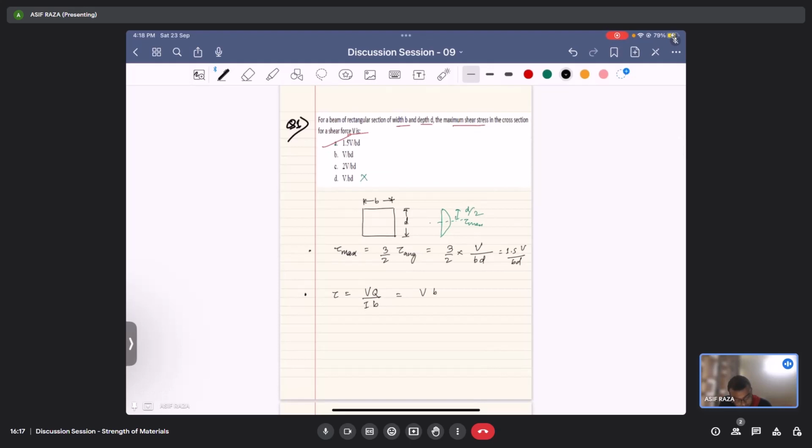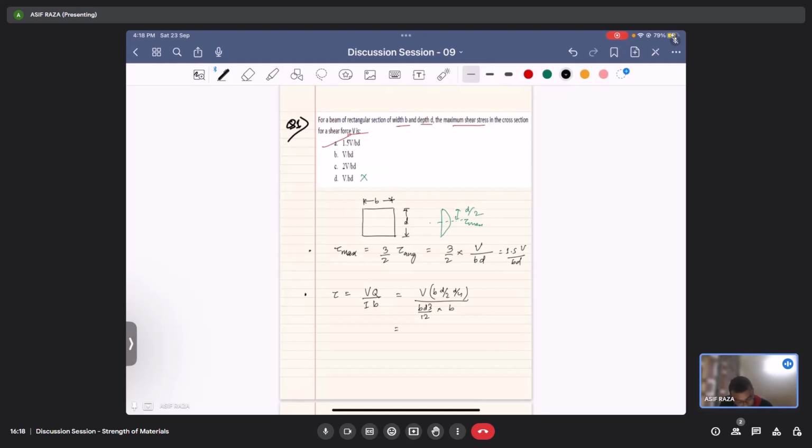So area would be b times d by 2, and the centroid of this area would be d by 4, upon I, which would be bd cube by 12, and b.